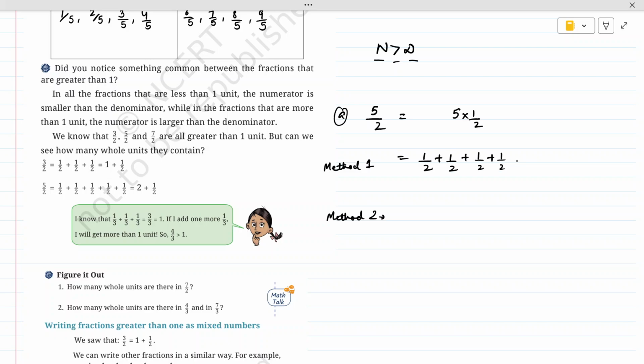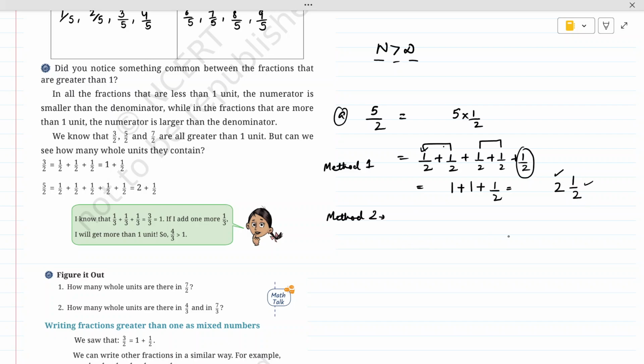Now we have to find the number of wholes. These two halves together will make 1, plus these two halves together will make another 1, and this half is left alone as is. So we can say we have 2 wholes and 1 half.